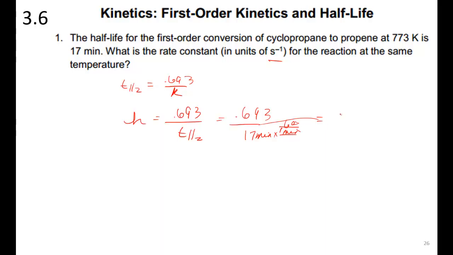And what I get when I do all that is 6.8 times 10 to the minus 4 seconds to the minus 1. The minutes cancel out, so I end up with 1 over seconds. Remember in kinetics how important units of k are, okay? You got to really pay attention to that.